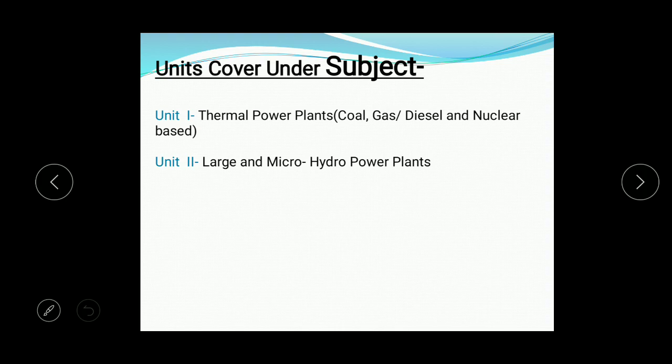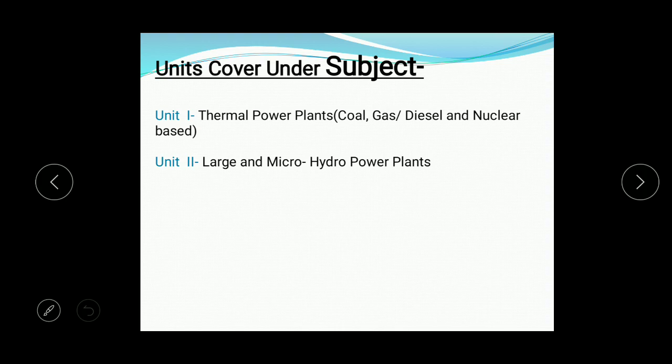We see the layout and working of this, and the classification of large, medium and low head power plants. We also see the different turbines used for different heads. For a high head we can use the Pelton turbine, for a medium head the Francis turbine, and for a low head the Kaplan turbine.